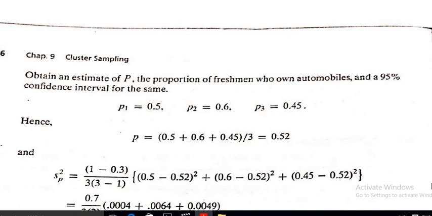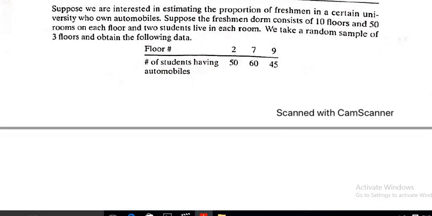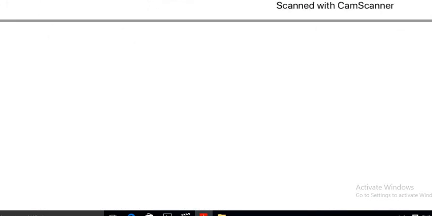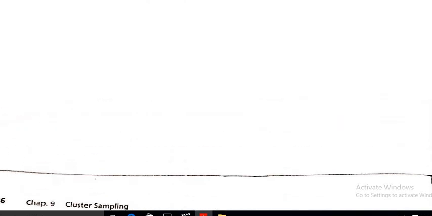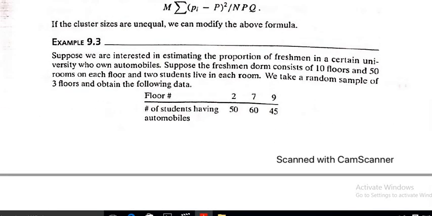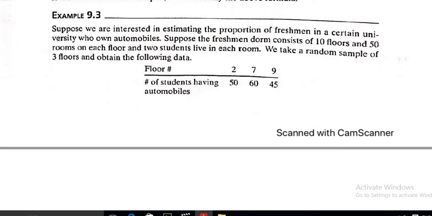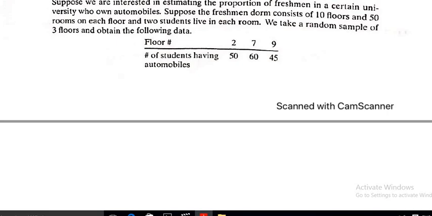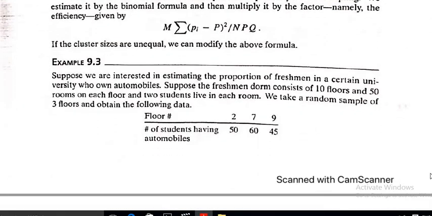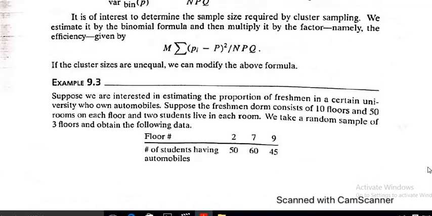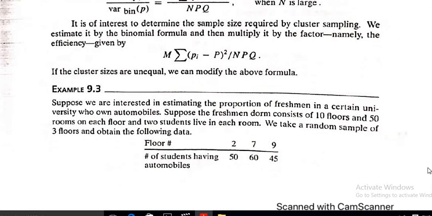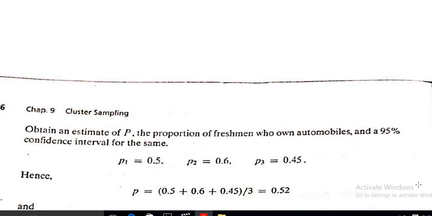It is the overall proportion of the students having automobiles. As there are 10 floors, 100 students per floor, therefore the proportions are 0.5, 0.6 and 0.45.